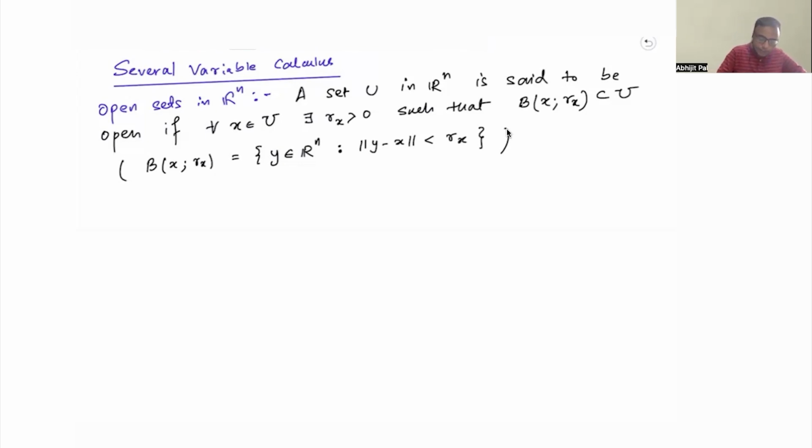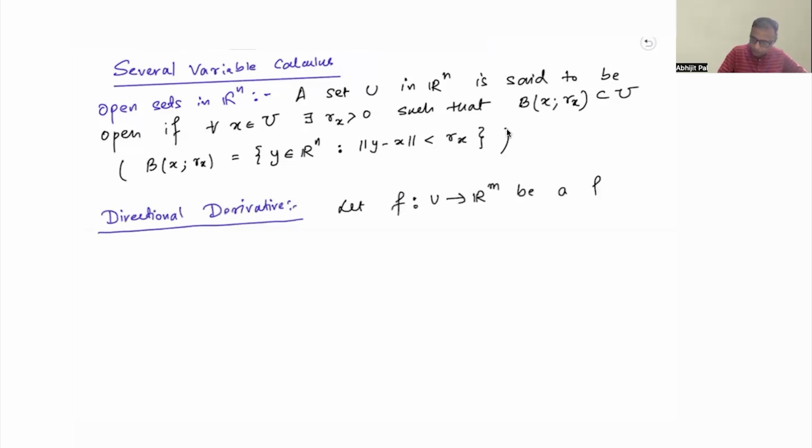Let us take a function f from an open subset U to Rm.